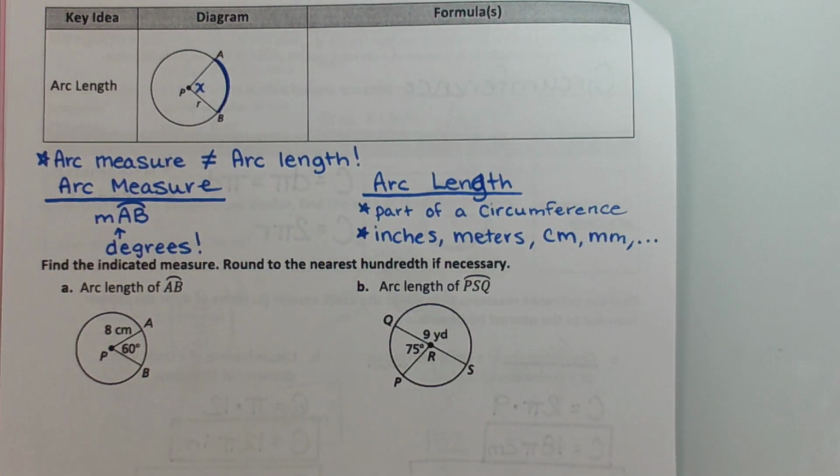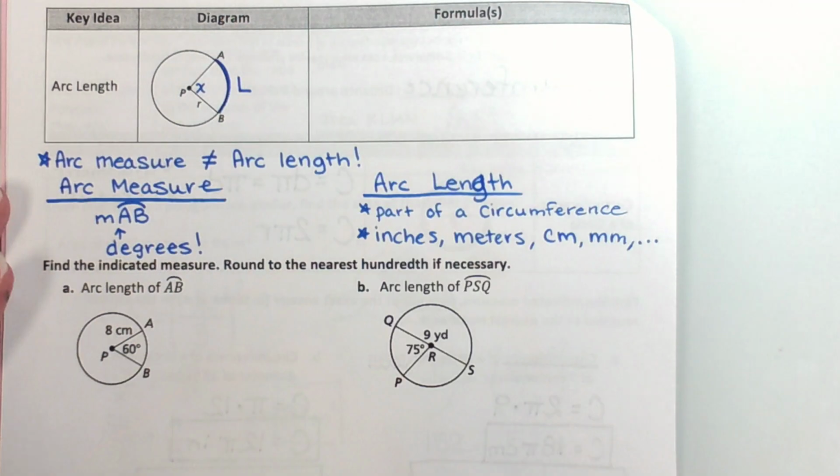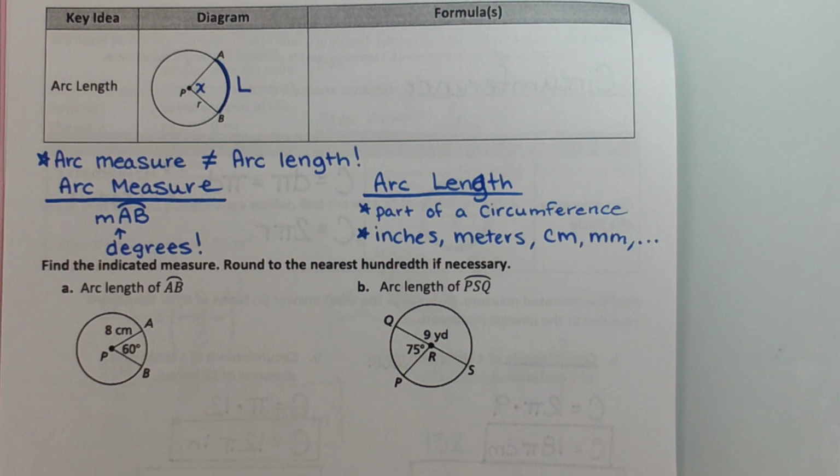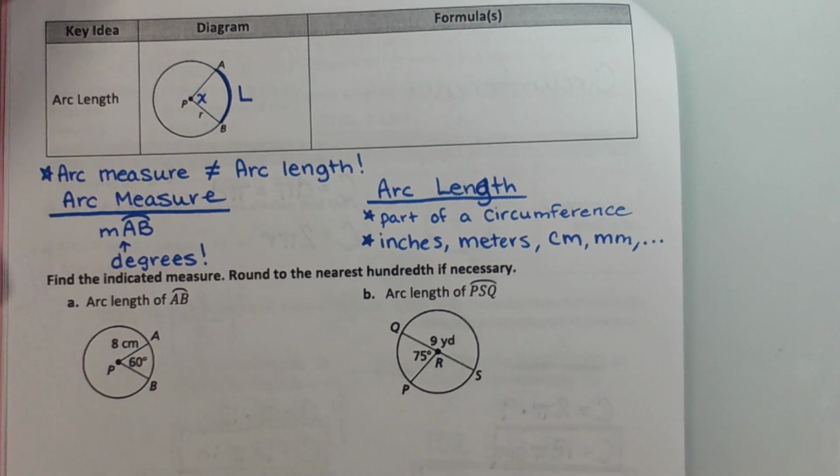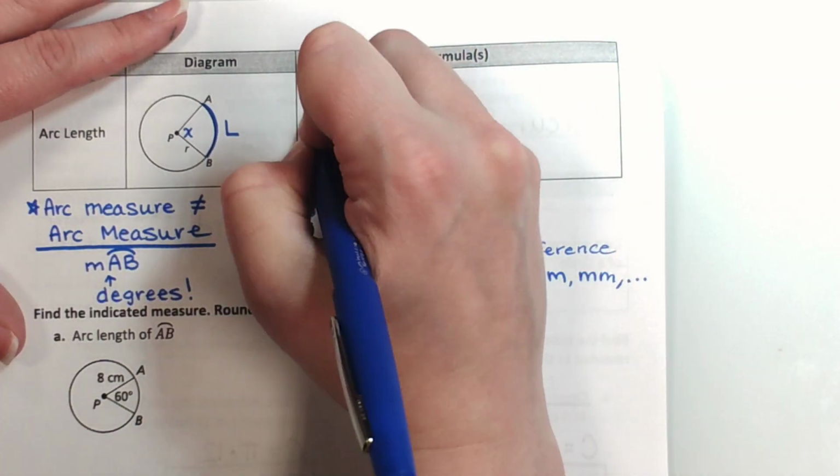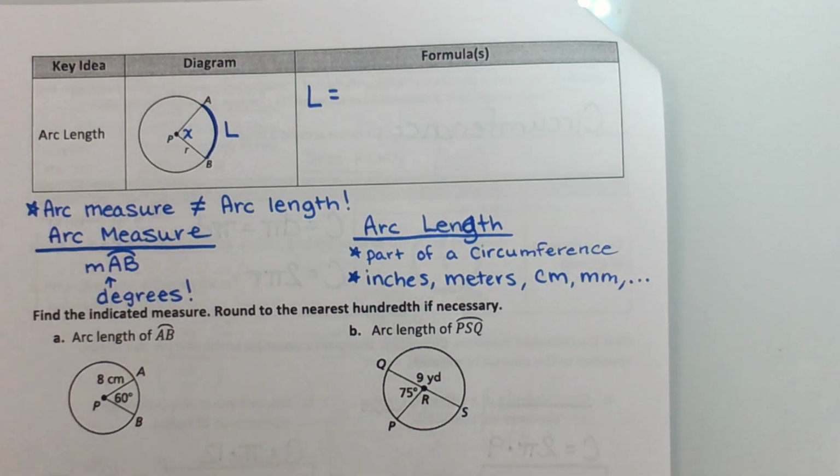Now, arc length, they use a lot of different possible variables for it. I'm going to do a capital L. L equals. So the first thing I need is I need the fraction. That fraction depends upon the central angle.